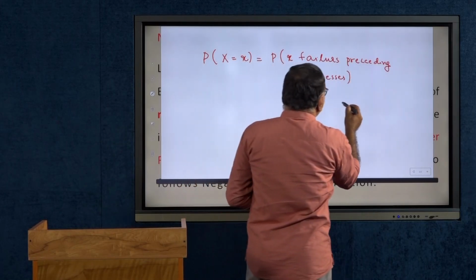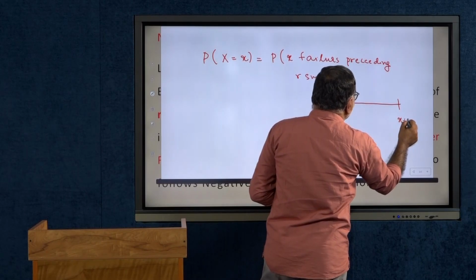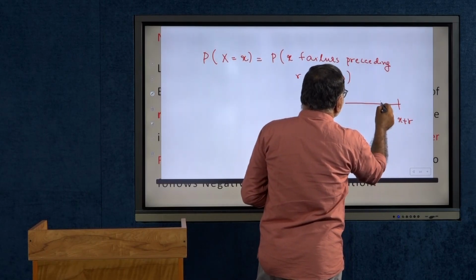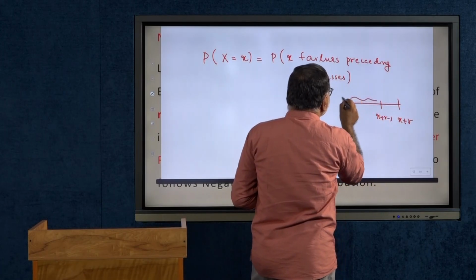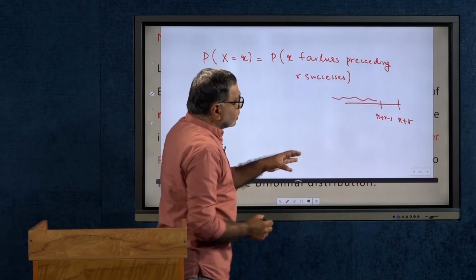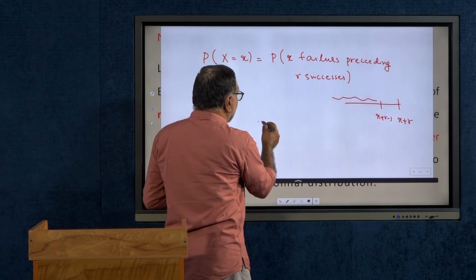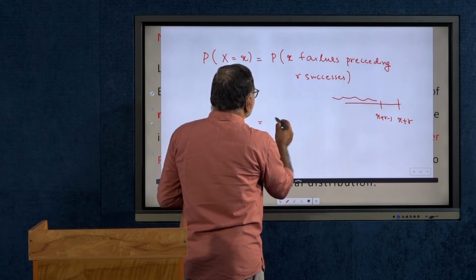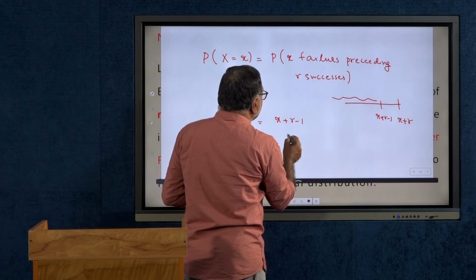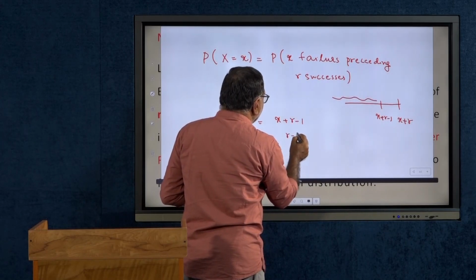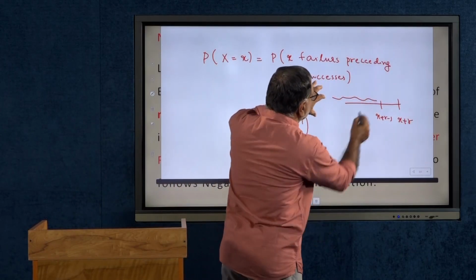So, once more, this is the x plus rth trial, and before this we have x plus r minus 1 trials, in which we have x failures and r minus 1 successes. So, that is possible in x plus r minus 1 choose r minus 1 ways, that is in the x plus r minus 1 trials.